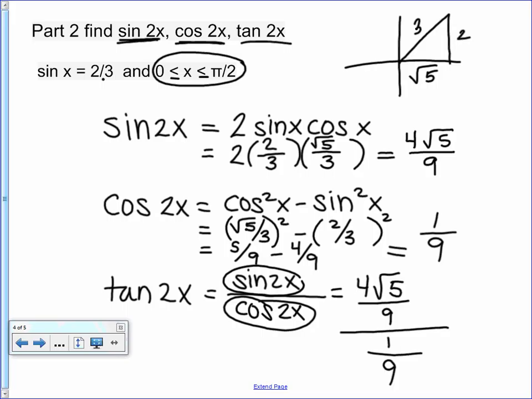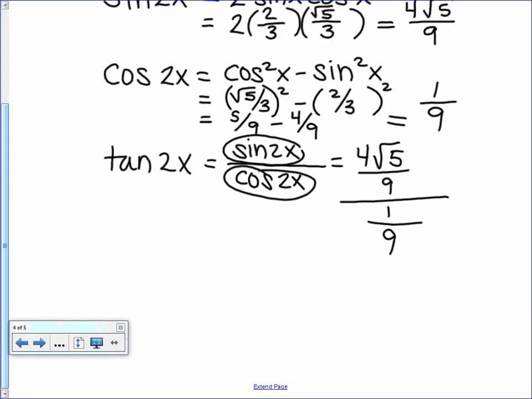And I think it's quicker. I think it's a quicker formula. And then, flip them. 4 square root of 5 over 9 divided by 1 over 9. Change the division sign to multiplication. Flip it to 9 over 1. The 9's cancel out. So what is the tangent of 2x equal? 4 square root of 5.